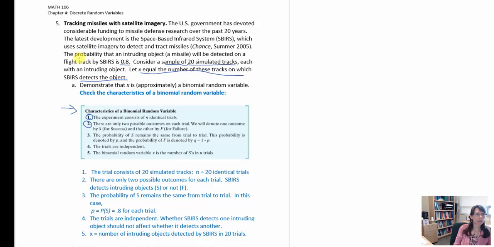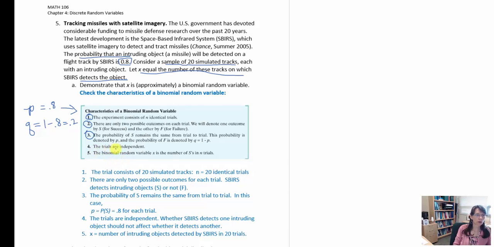It says the probability that an intruding object will be detected is 0.8. So if our p-value is 0.8, then we can actually calculate the probability of failure, 1 minus 0.8. So that would be 0.2. We have satisfied characteristic number 3.